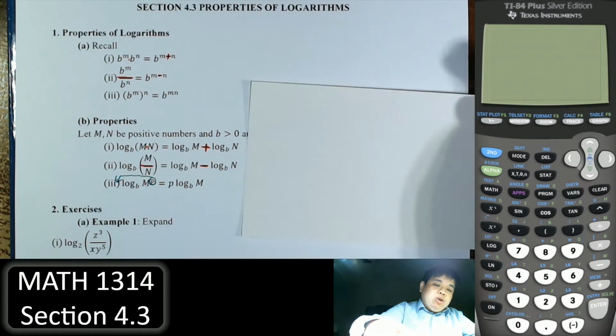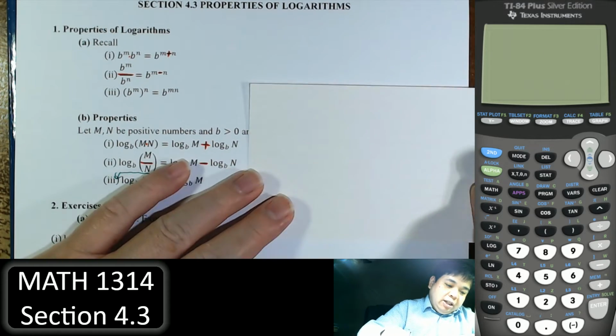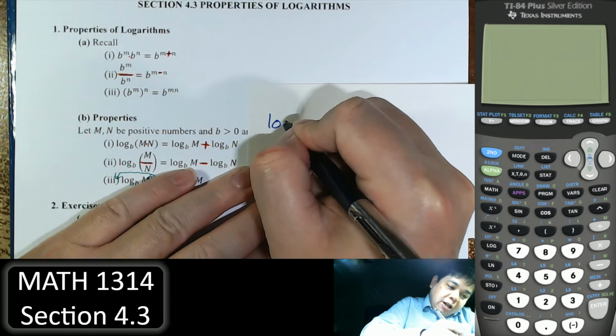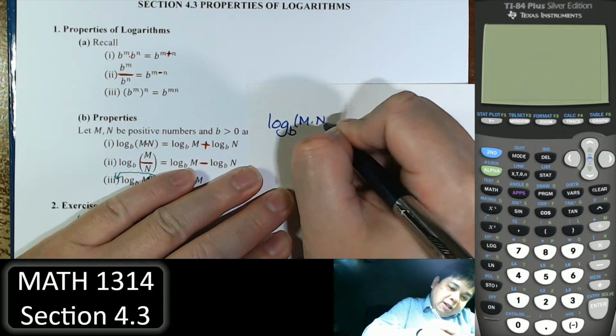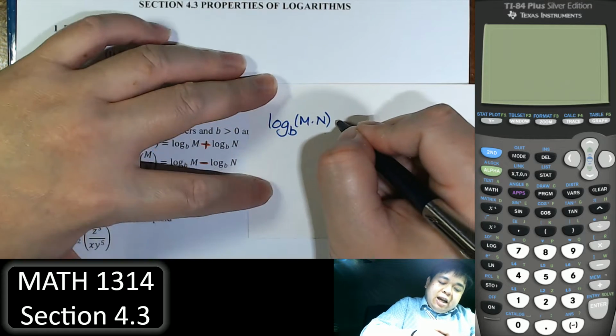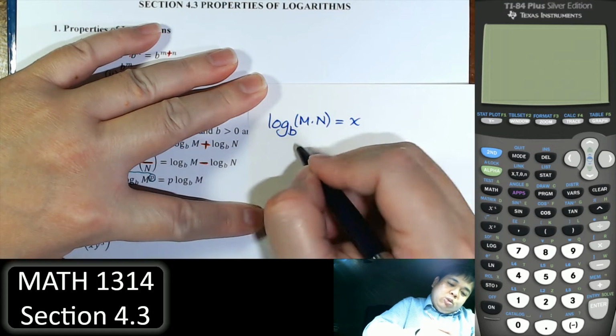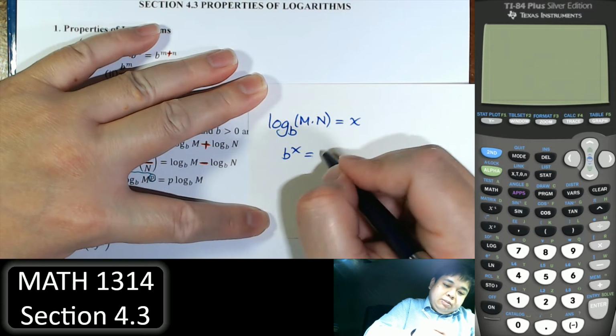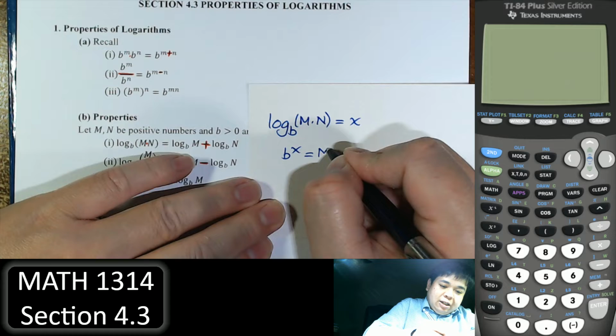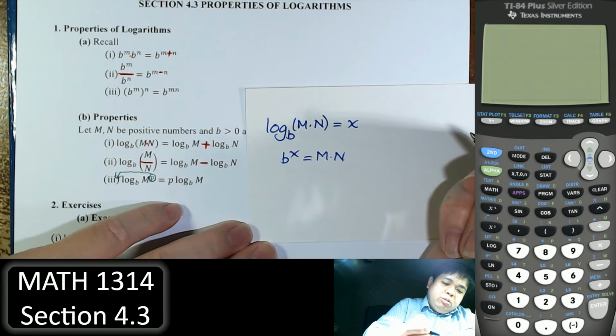Now I just want to show one of them, see how that works. Log base b of m times n. Let's say that equal to x. So we swap: b to the x is equal to m times n. Does that help?